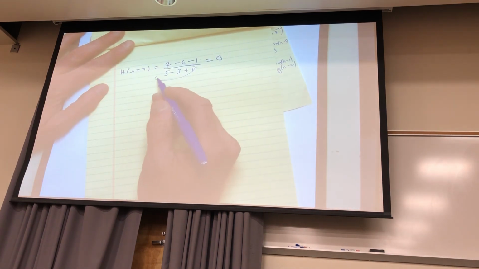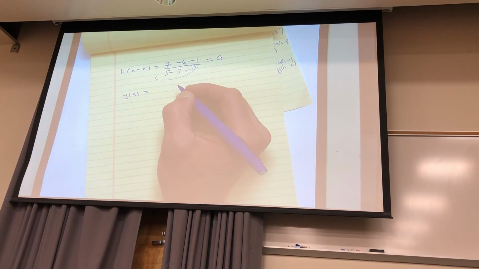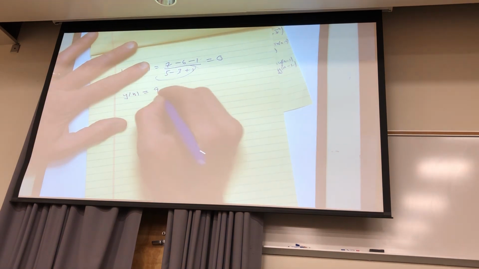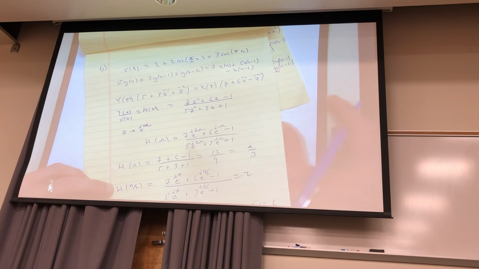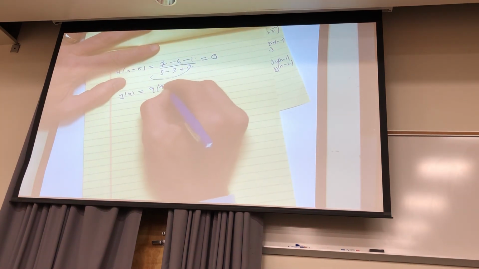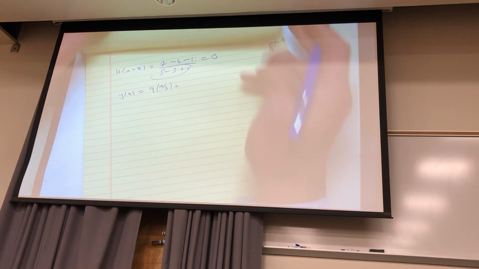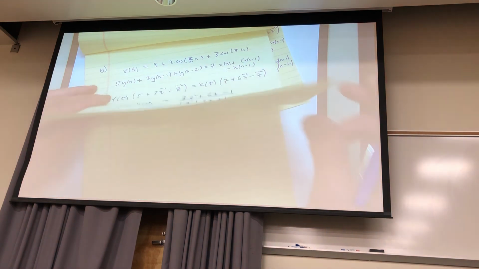When you take a look at this, my final form for y of n is going to be the DC value, which is 9, times the transfer function evaluated there, and the transfer function was 4/3, correct? So it's 9 times 4/3, plus the value of the second term, which was 2 times cosine of pi over 2 times n.